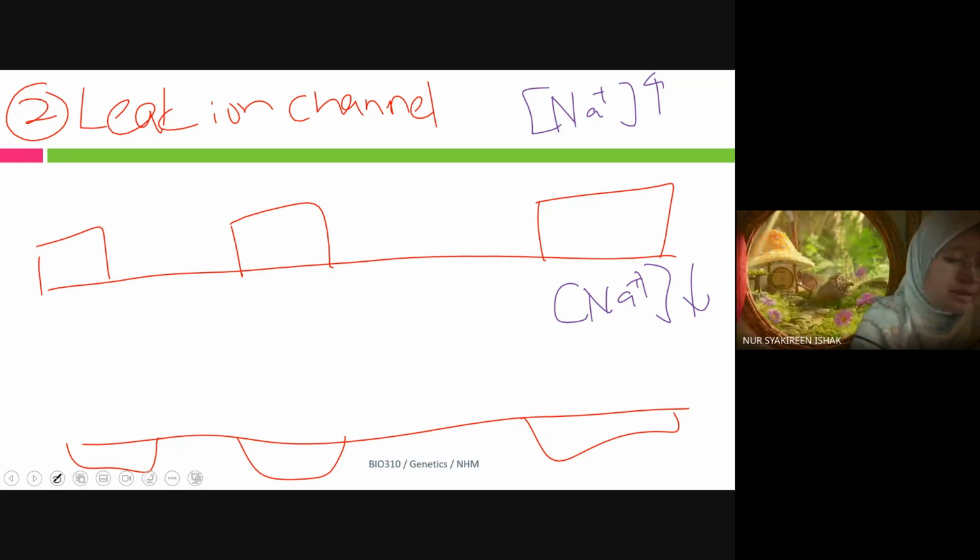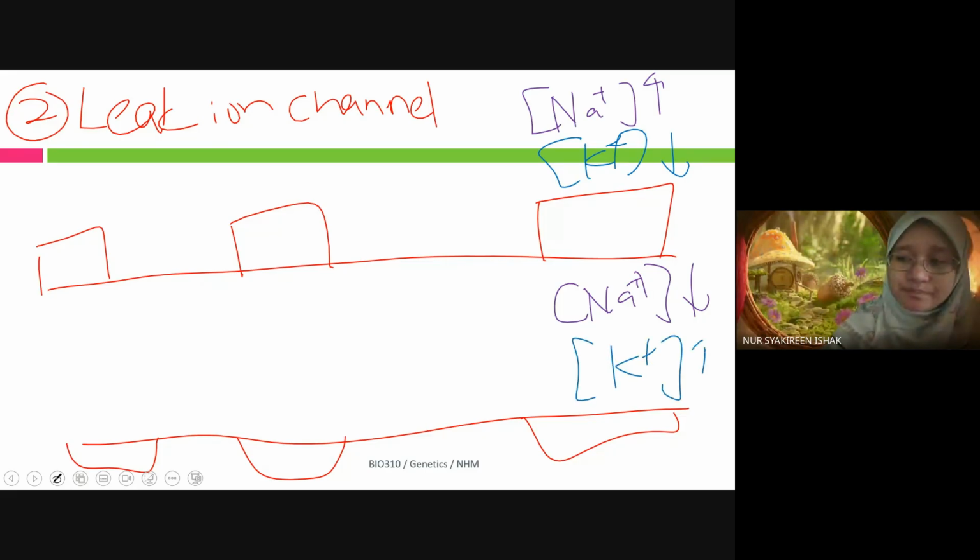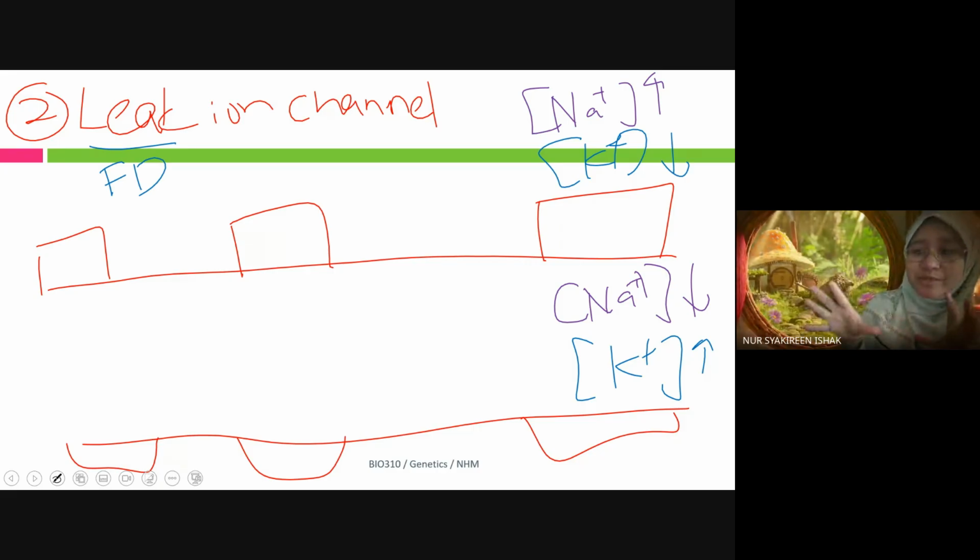Okay, for the potassium, luar rendah, dalam tinggi. Okay, leak ion channel terlibat dalam facilitated diffusion. So the movement of this ion should be down concentration gradient from high to low.